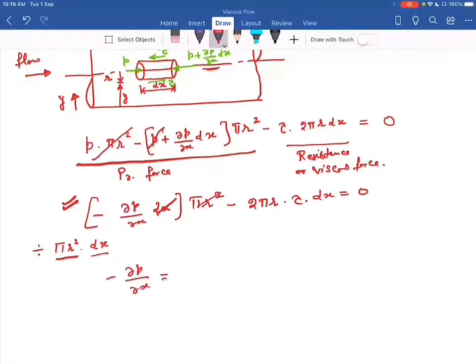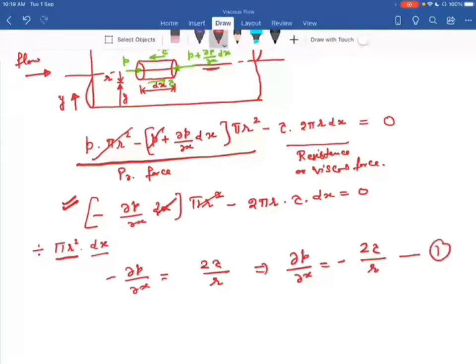This is equal to, here you will be left with 2 tau by r. Not minus. So I can write it as ∂P/∂x equal to minus 2 tau by r. Say this is equation number 1.